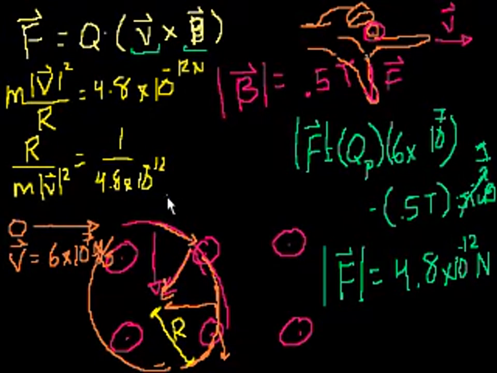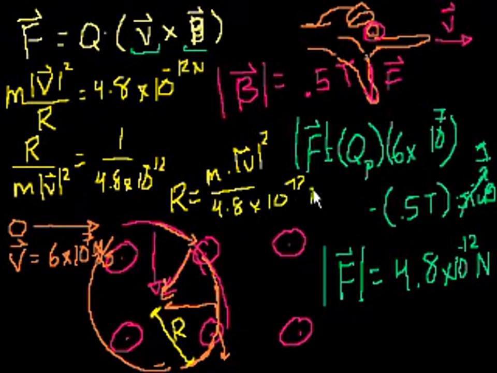And we get that the radius of this circle is going to be equal to the mass of the proton times the magnitude of its velocity squared divided by the force from the magnetic field, the centripetal force, 4.8 times 10 to the minus 12 newtons.